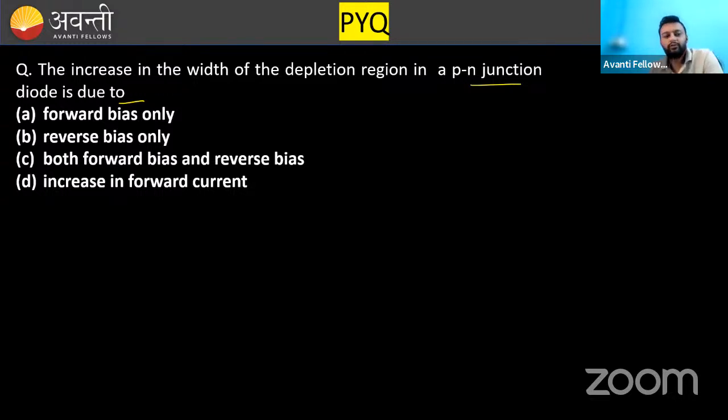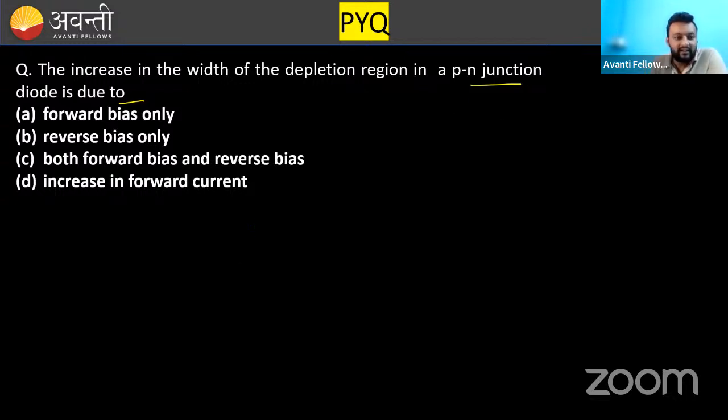Which option, according to you, is correct? Option B with a question mark. Chichuni is saying option B. Veena is saying option B.